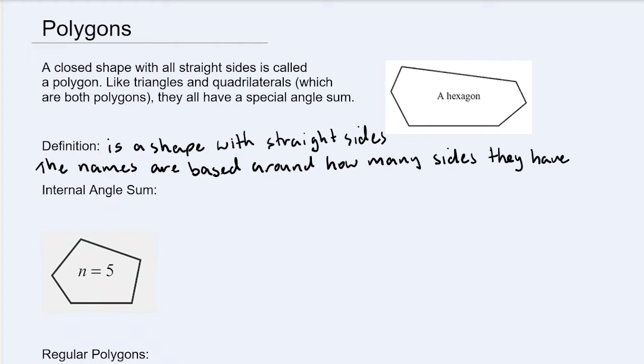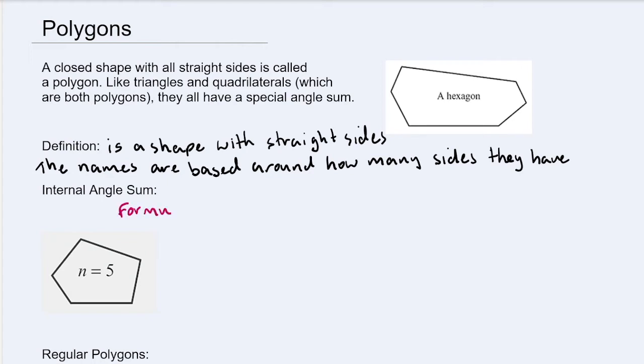Now, when we're working with polygons, different straight-sided shapes, we do need to sometimes work out internal angles. The internal angle sum of a polygon is written using a formula.